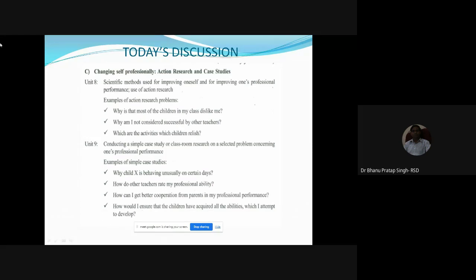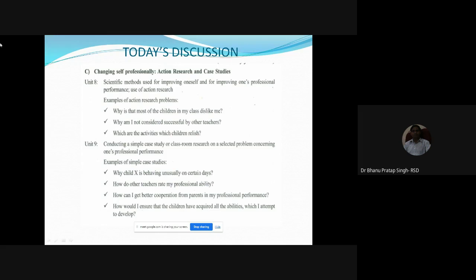And there are some examples that a teacher may take. Why do most of the children in my class dislike me? Why am I not considered successful by other teachers, and which are the activities which children relish? So these are some examples.